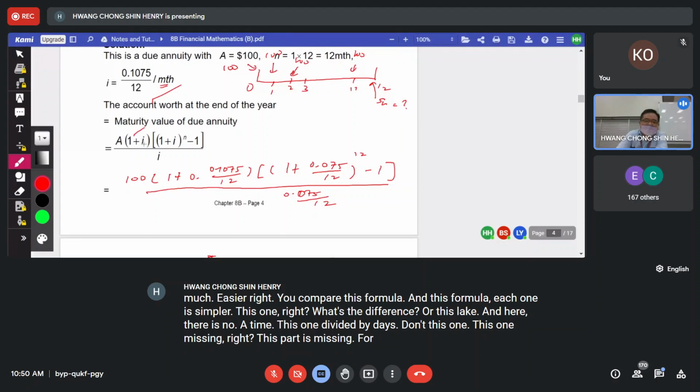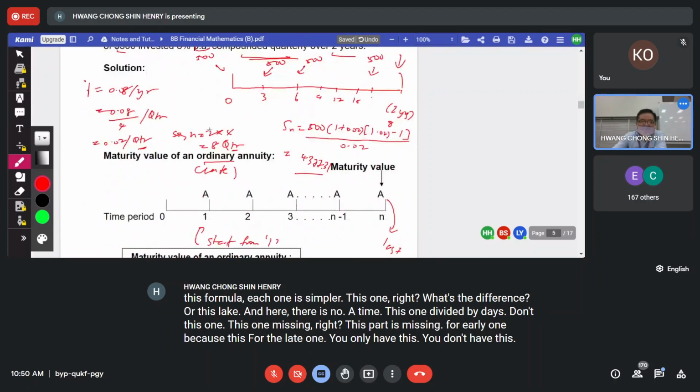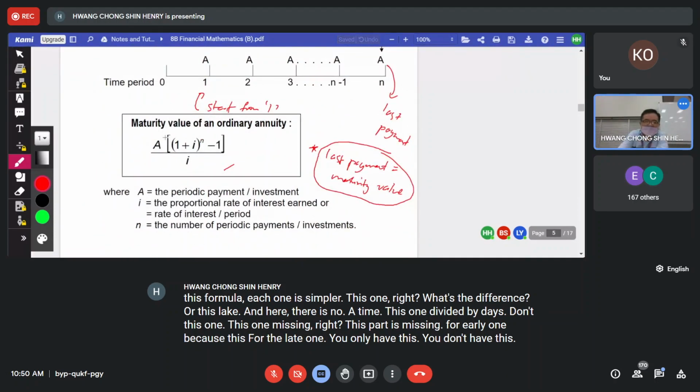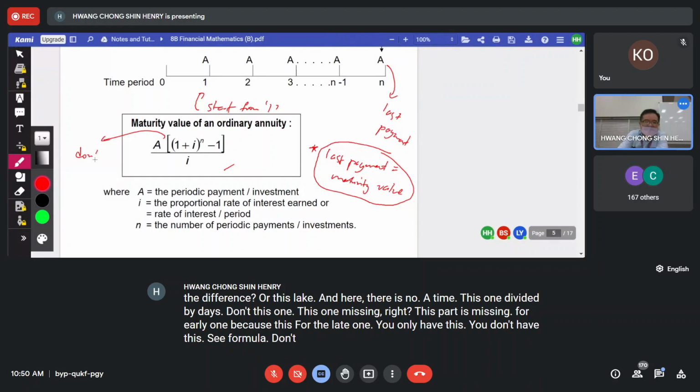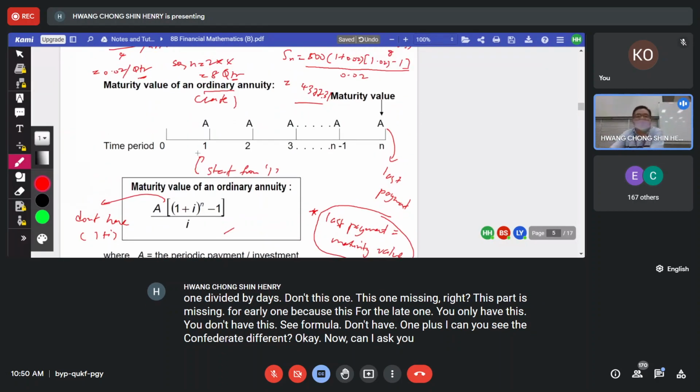For the early one, you got this. For the late one, you only have this. You don't have this. See the formula? Don't have 1 plus I. Can you see the difference? Okay, now can I ask you, which formula gives you more money?